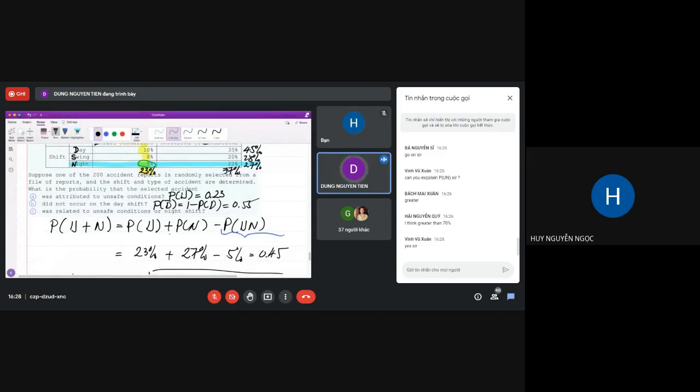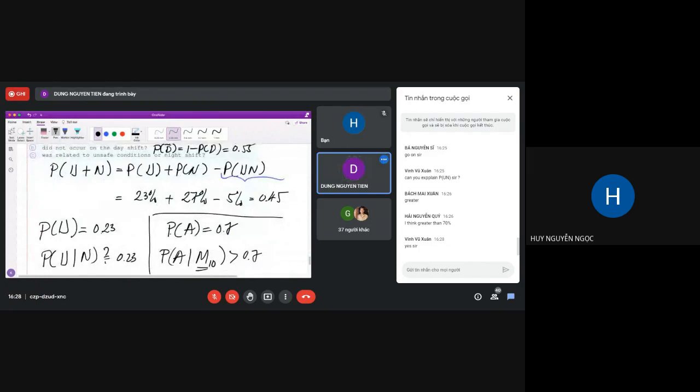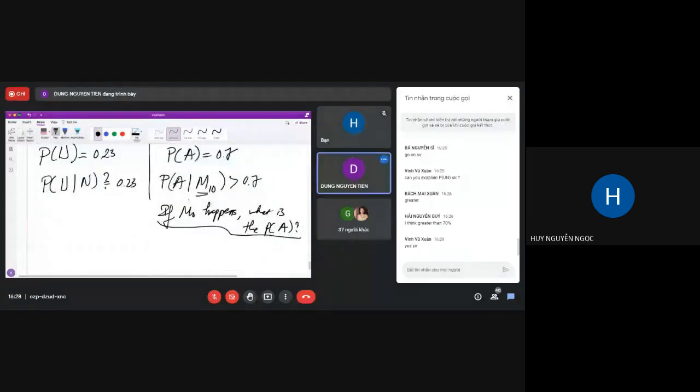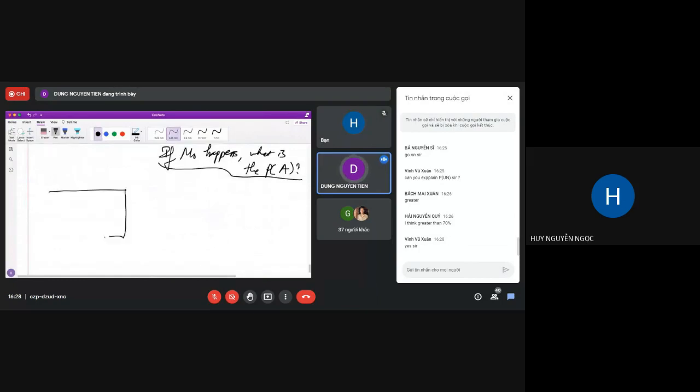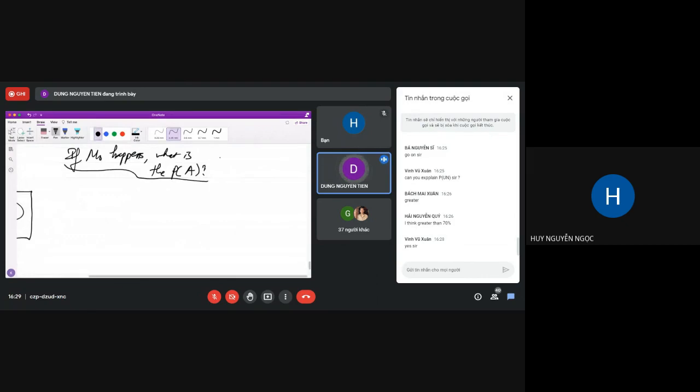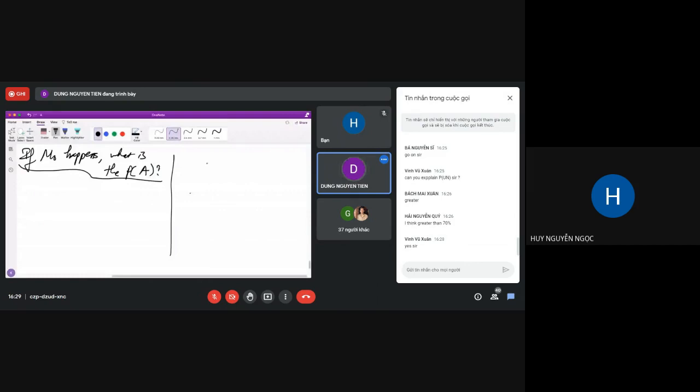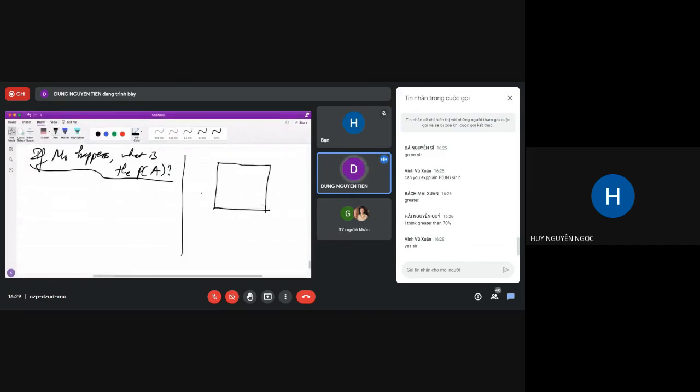Back to the definition of conditional probability. How can we define it? I want to start with the unconditional probability. Suppose you have a square like this one, and you divide it into two equal parts like that.